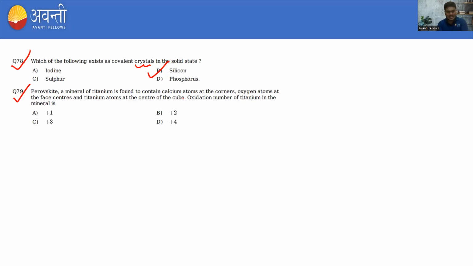Now we know that the calcium atoms are present at the corners. So the calcium atoms per unit cell: the contribution at the corner is 1 by 8, so this is equal to 1.